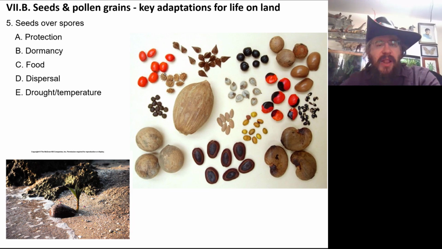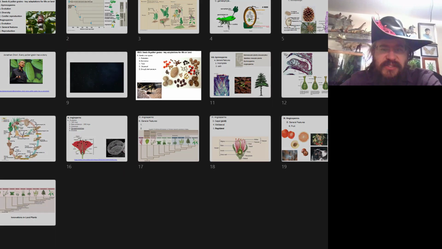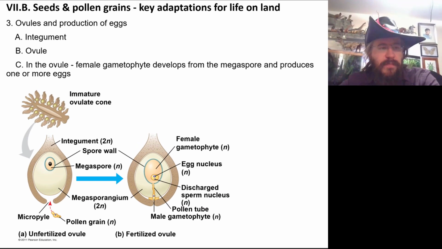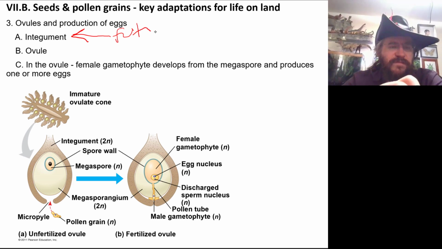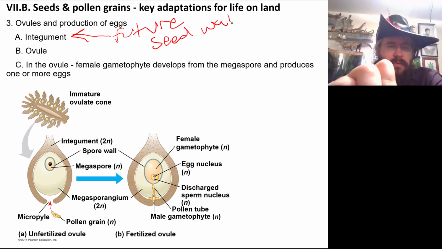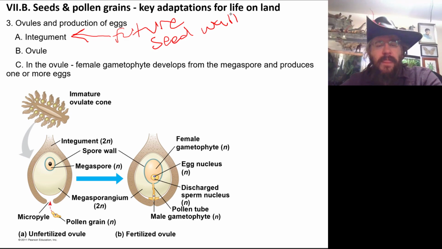Seeds and pollen grains are key adaptations for life on land. Let's hit my seed slide. There we go. Okay. So ovules and production of eggs. Now that we talked about the micros, let's talk about the megas. Okay, so first off, the integument. Think of it like the future seed wall. Right?